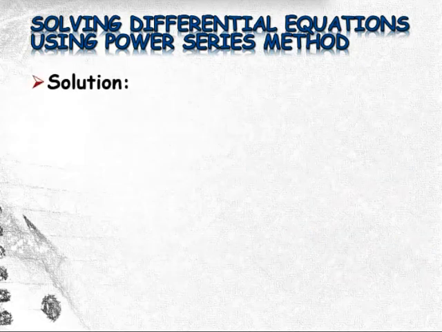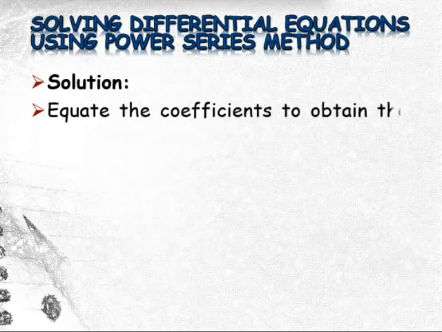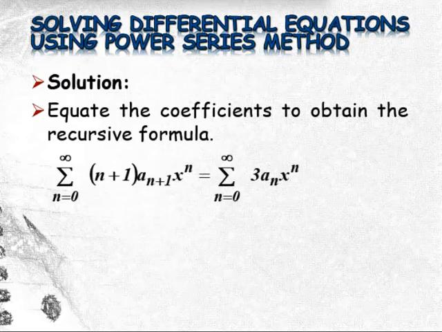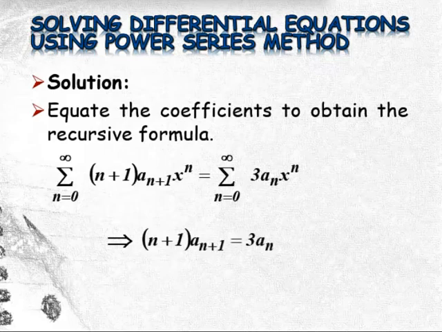Now, since the left and the right member of the equation are now of the same powers, we can now solve for the recursive formula. To find the recursive formula, we simply get the coefficient of the left member and the right member, ending up with n plus 1 times a sub n plus 1 equals 3 times a sub n.